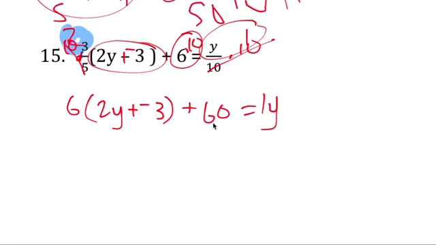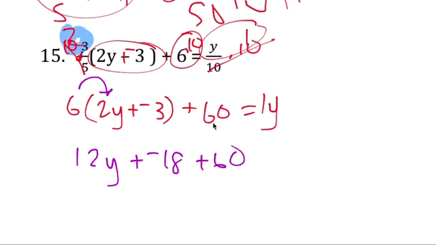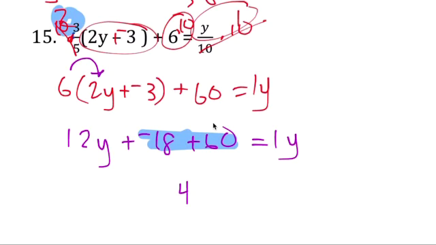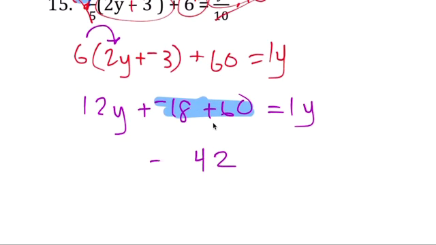Distribute, right? Distribute next. You get 12y plus negative 18 plus 60. Combine these two because they're alike. That equals 42 positive. 12y equals to 1y. Subtract 12y.